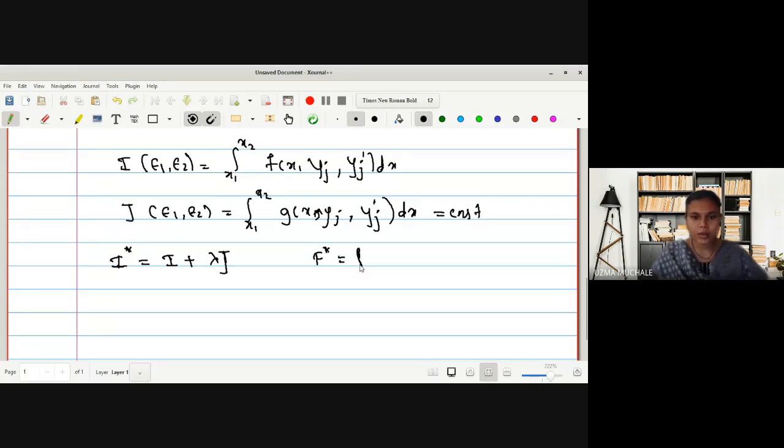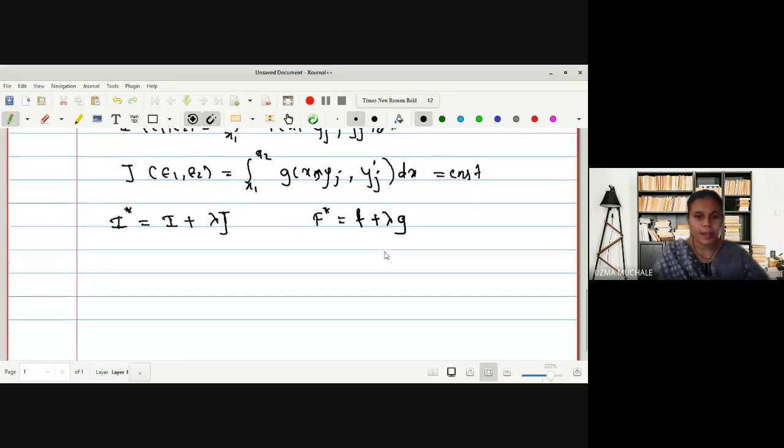What is F star? It is nothing but f plus lambda g. So let us integrate this. I star will be the integration of a function F star, which is a function of x, yj, yj dash, dx.